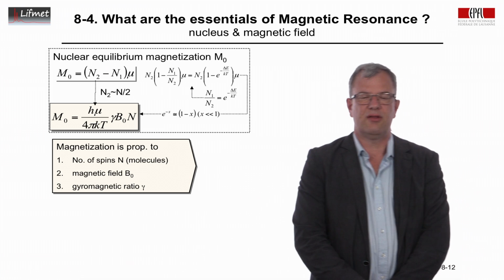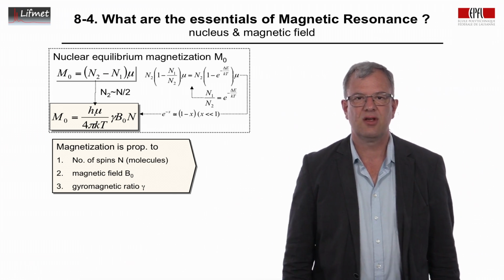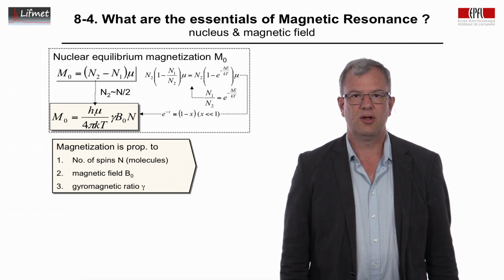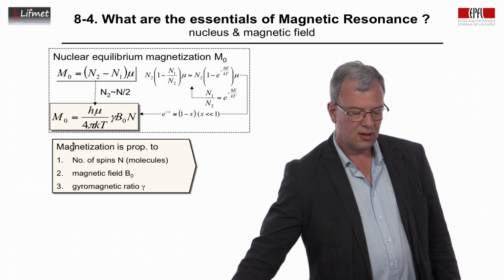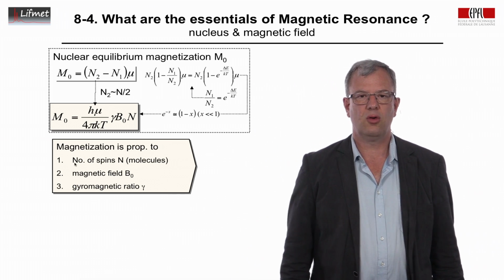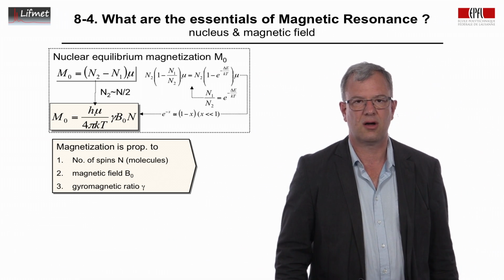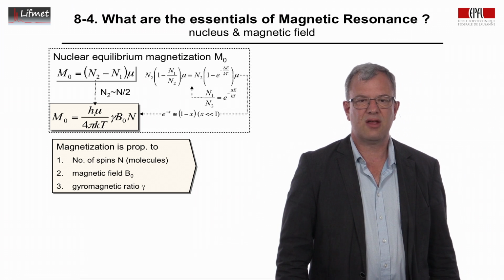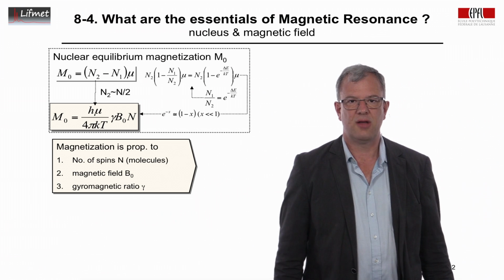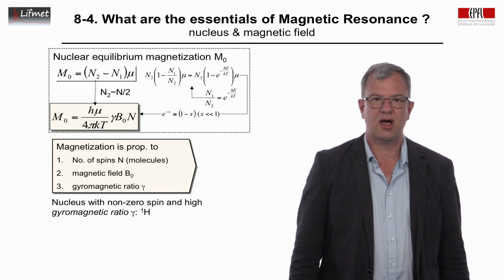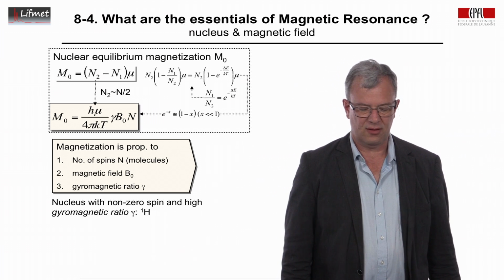So taking all this together, for magnetic resonance imaging, which nucleus is the most favorable to look at? If we look at these three values, we can control experimentally only one, the magnetic field, which is produced by the magnet that we construct. The number of spins is given by the organ under investigation, and the gyromagnetic ratio by the nucleus. So we need to find a nucleus with a high gyromagnetic ratio and a high number of spins.